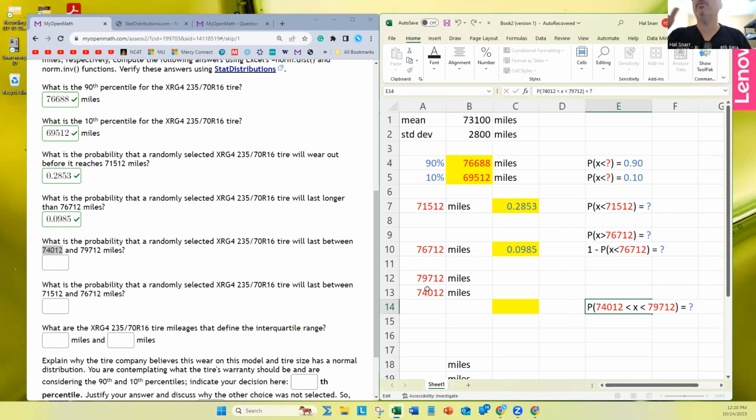So I want the probability that the tire wear for this randomly drawn tire is between these two numbers. So the way we're going to do that is we're going to copy this. We're going to first get this probability value. And then we're going to get this probability value.